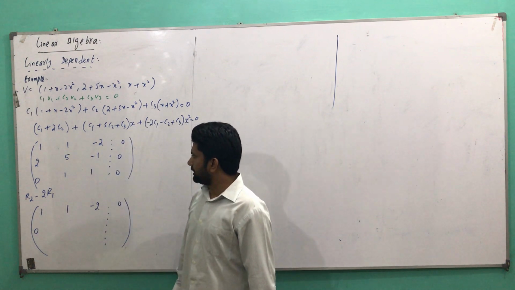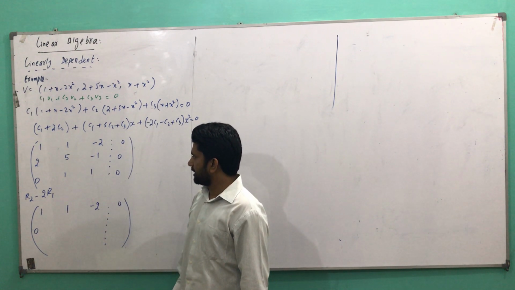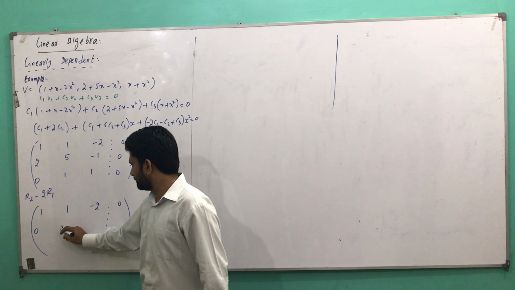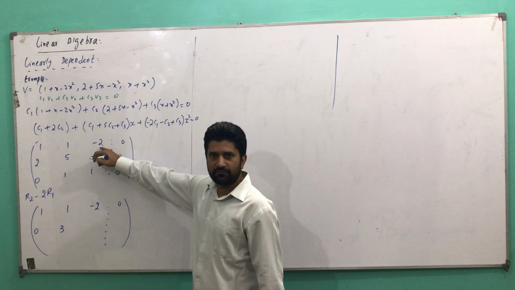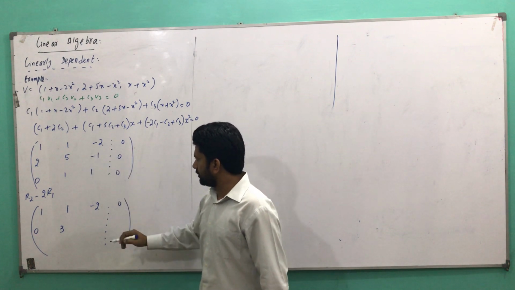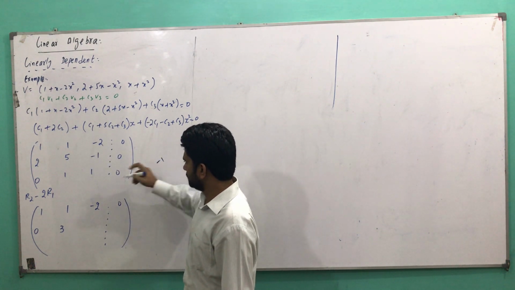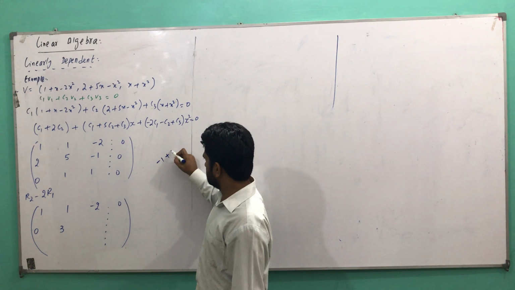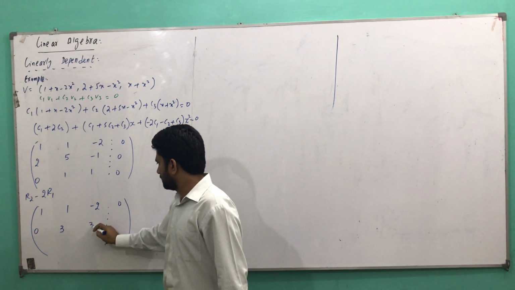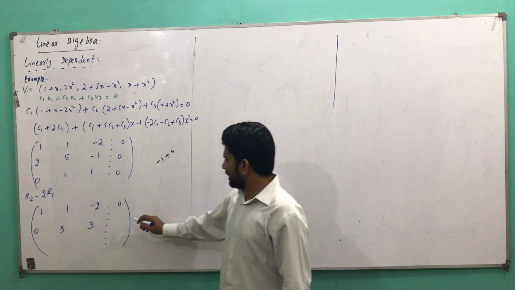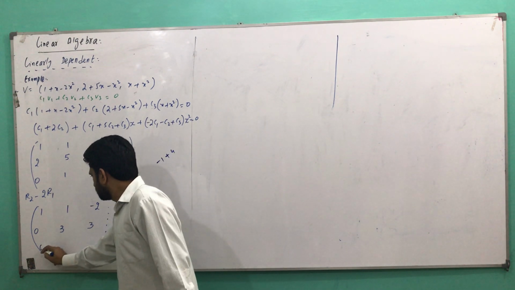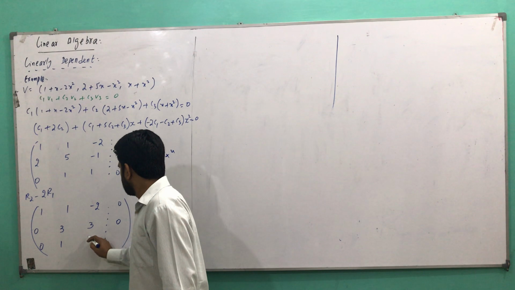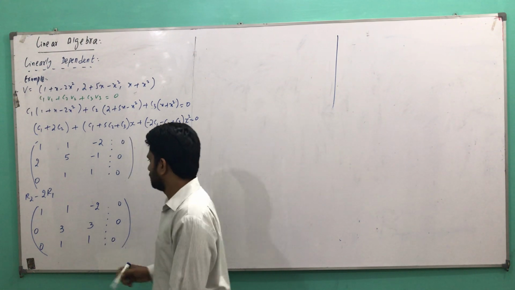Similarly here, 5 minus 2 is 3. And here, multiplying by -2 gives plus 4, so -1 plus 4, this is 3, and here you have 0. The last row remains as it is: 0, 1, 1, and 0.